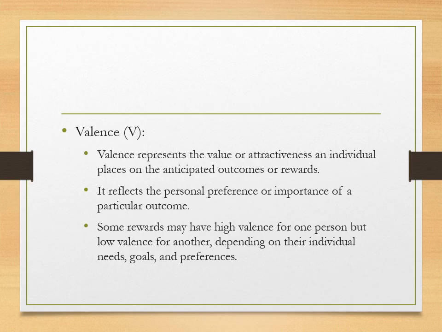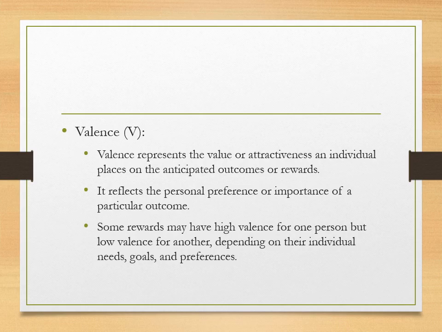Now, the third concept is valence. Valence represents the value or attractiveness an individual places on the anticipated outcomes or rewards. It reflects the personal preference or importance of a particular outcome. Some rewards may have high valence for one person but low valence for another, depending on their individual needs, goals, and preferences.